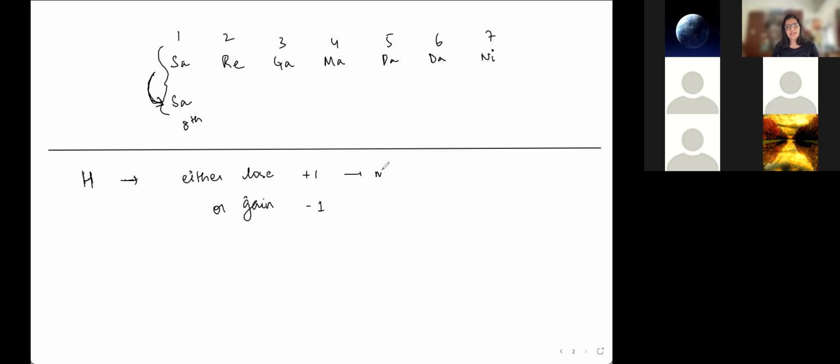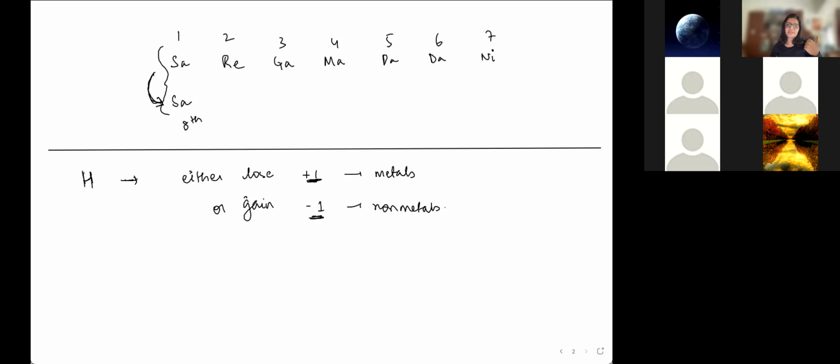So this is a similarity with metals, and a similarity with non-metals. Okay. So where should you place hydrogen? Should you place it along with metals like sodium, potassium and all, or should you place it with halogens like fluorine, chlorine that show -1 valency? That's an issue with hydrogen.